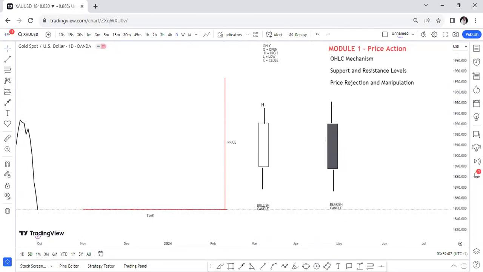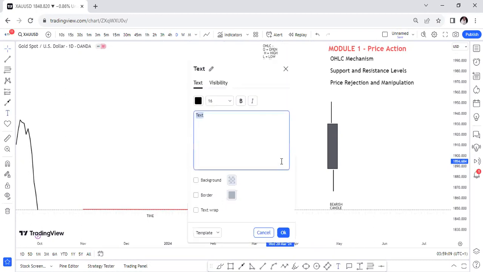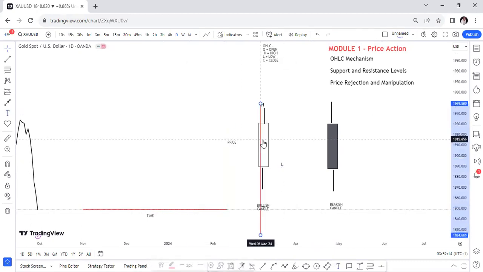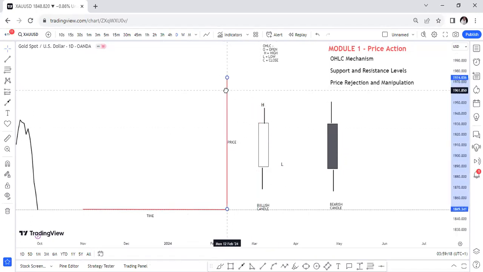This is the high, and this is the low. The lower wick, or the lower shadow, is the low.